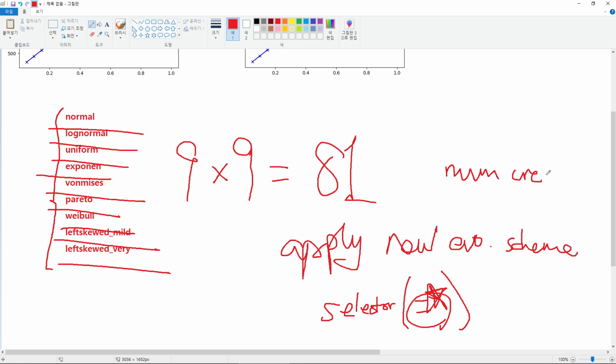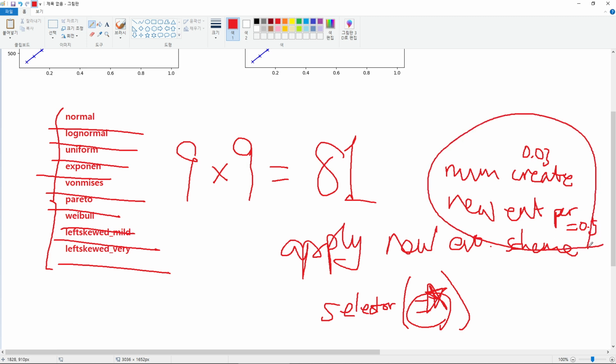So don't change that. Num create is still at 0.03% of the population, and the new entity percentage is still at 0.5. Now that we know that increasing these values will make the plots go even higher, let's just not do that, because I want these values to be fixed for all 10 items, 40 items, and 100 items.